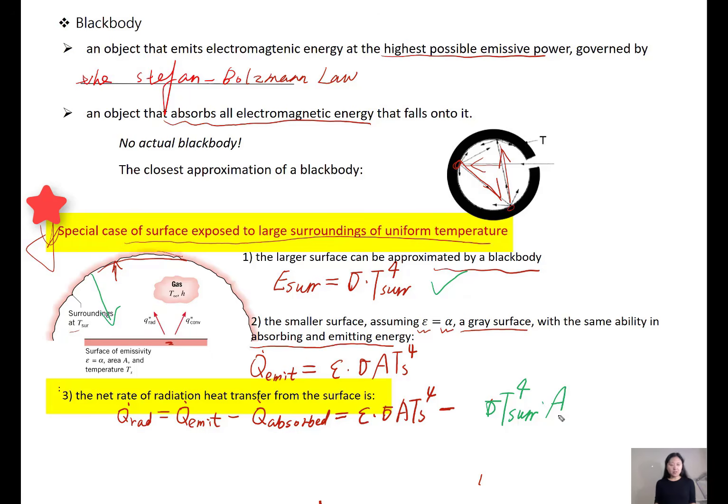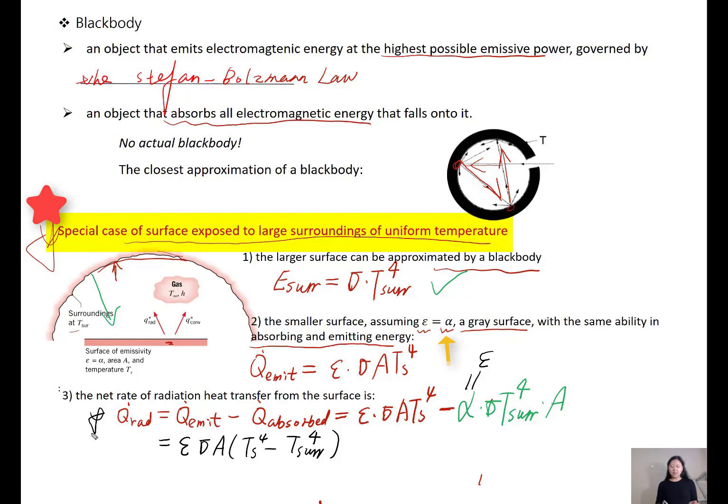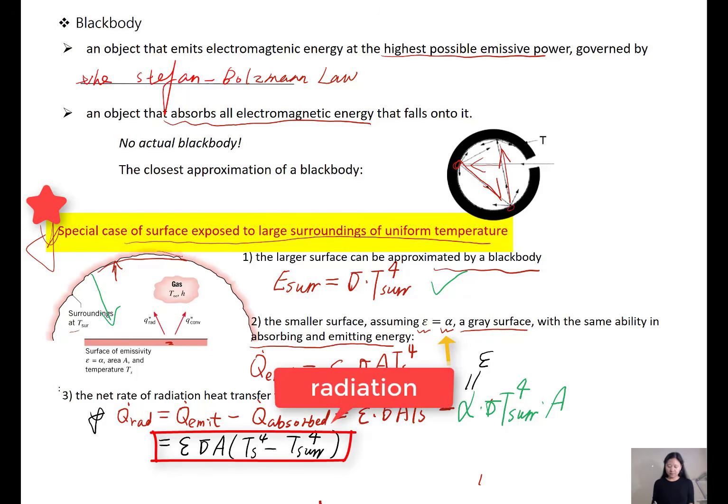And then how much energy is absorbed among this incident energy? We multiply this by the absorptivity of the smaller surface. Remember, assume it's a gray surface, so its absorptivity is equal to its emissivity. So here we can take out epsilon sigma A_s, times Ts to the power of 4 minus T_surr to the power of 4. So this is the net rate of radiation heat transfer from the surface.